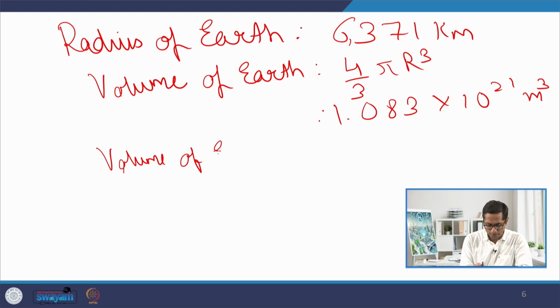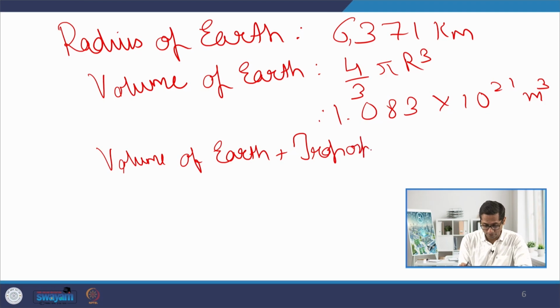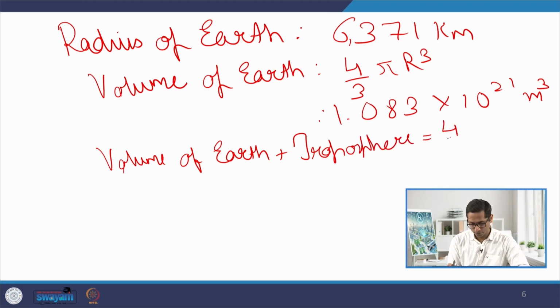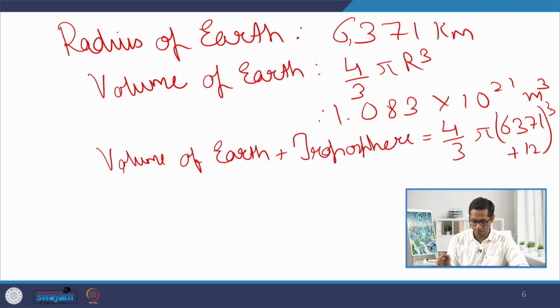Now further, using the same methodology, I can also calculate the volume of Earth plus the troposphere, which I believe would represent the whole of the atmosphere, and this would be nothing but 4/3 pi, and in this case I am going to take (6371 + 12) and cube the whole.